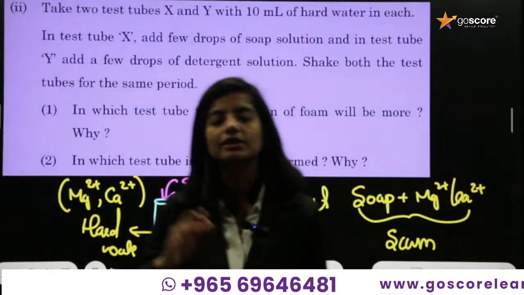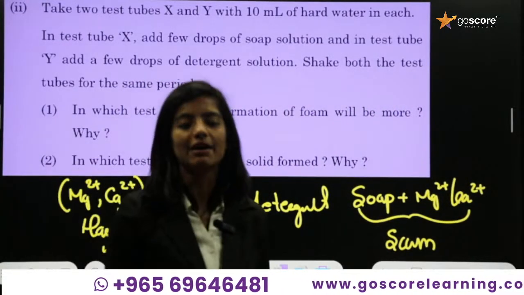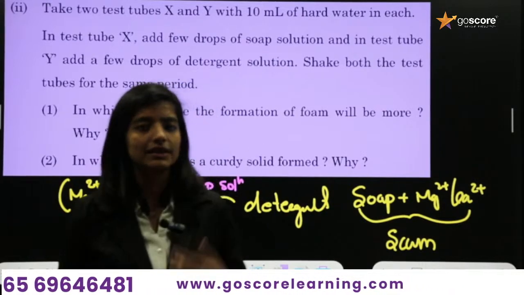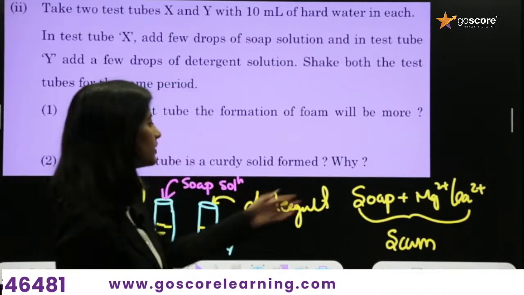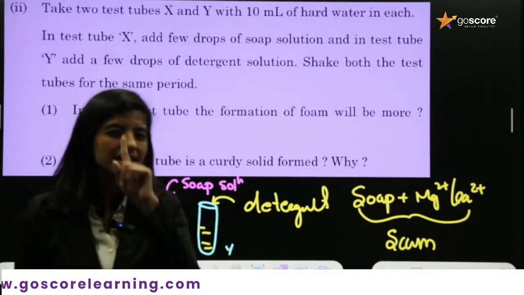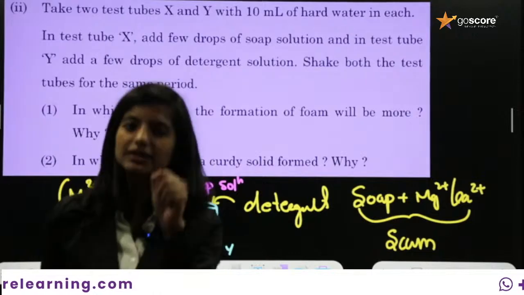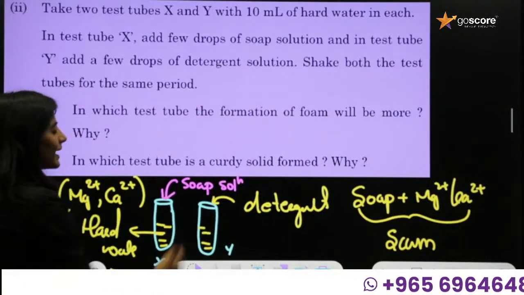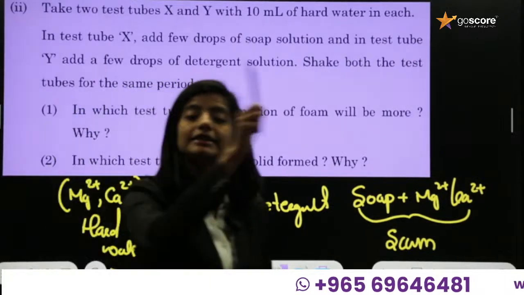So there is not much soap left over to make the foam, right? There's not much soap left because all of it is reacting with Mg2+ and Ca2+ to form the scum. So there will be formation of less foam in the soap solution, that is in test tube X. In the case of Y, detergent, there is no such problem.